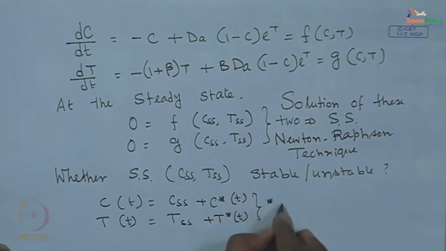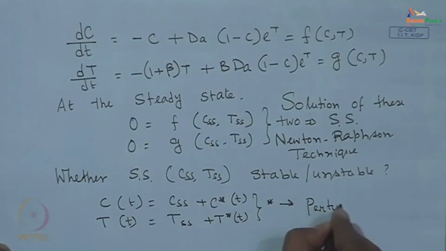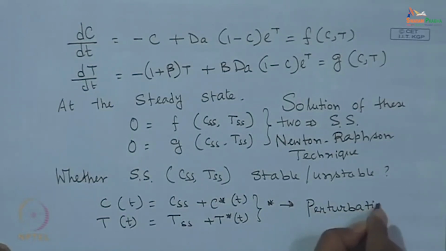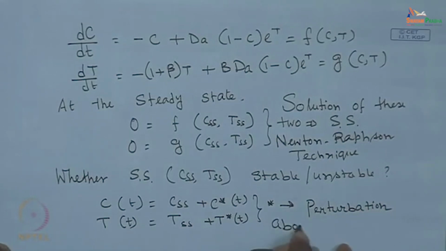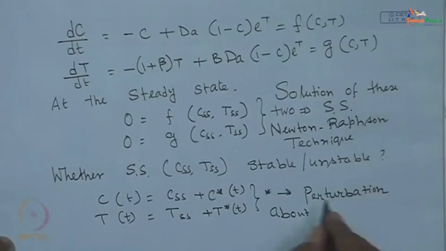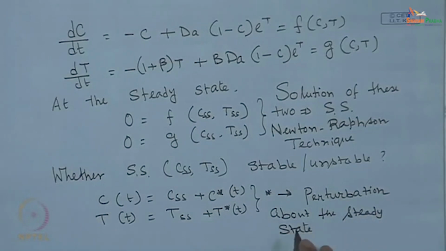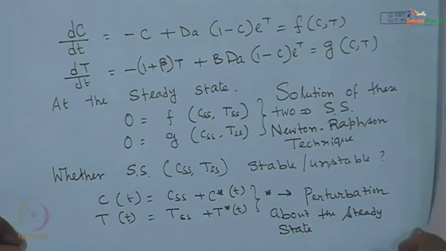This star indicates the perturbation about the steady state. Now, we write the governing equations in terms of the perturbed variables C star and T star and see what we get.